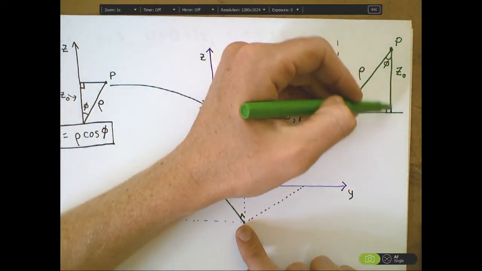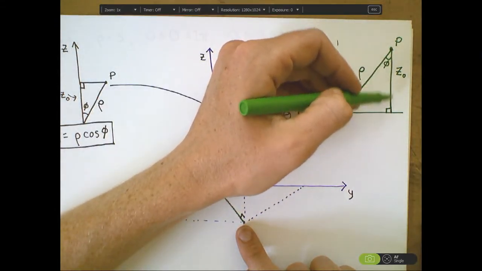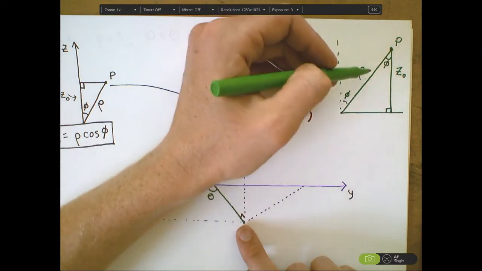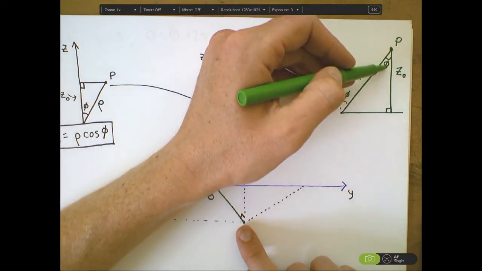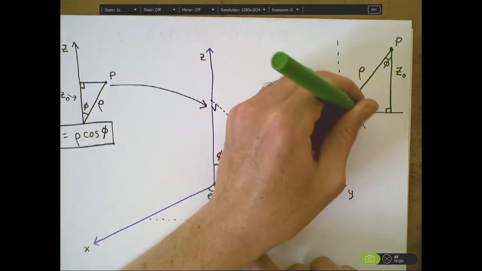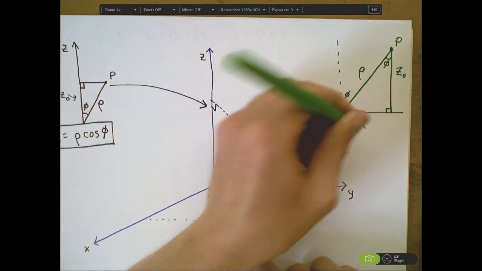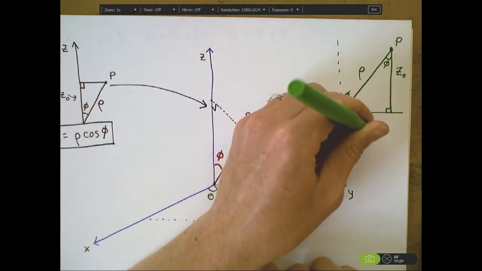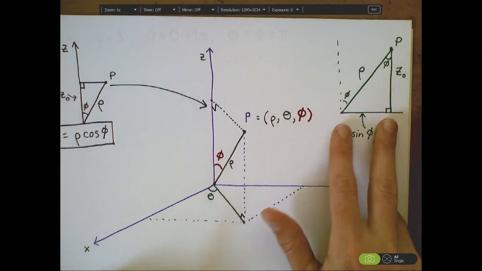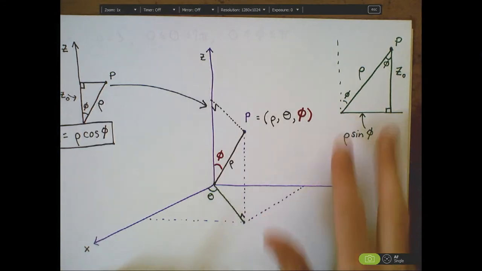This length right here is rho times the cosine of phi, and this along the bottom is going to be rho times the sine of phi. I recommend that you draw out this triangle yourself to better visualize it.